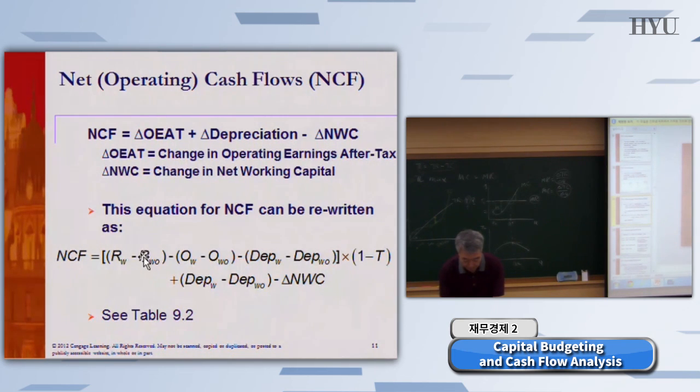So that's the difference. What difference does the project make in terms of revenue? The same thing for operational cost. We're going to subtract the cost from the revenue. You know why, right? Because that's the net cash flow. We're talking about the profit, right? All right, so everything should be done on an incremental basis. That's the idea.